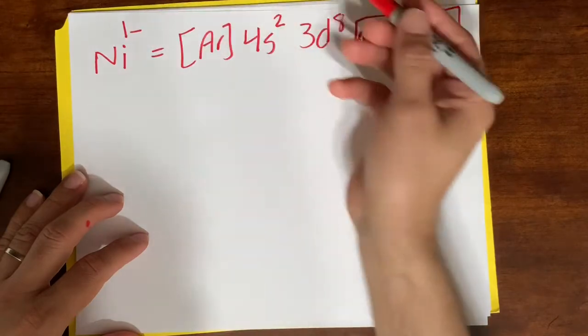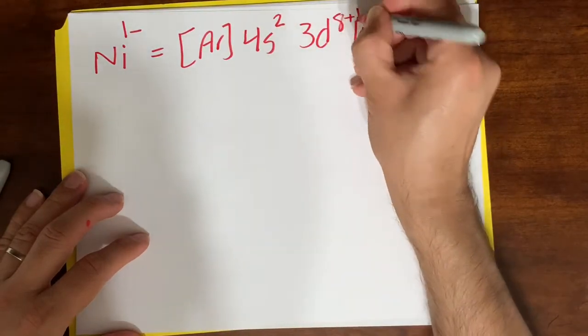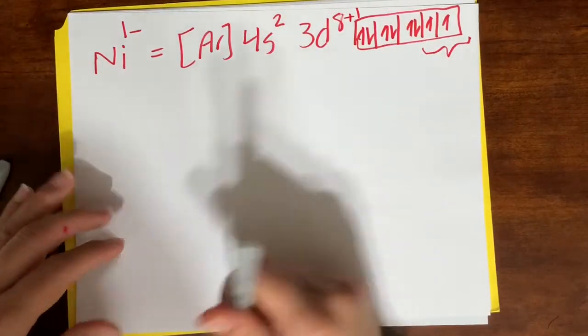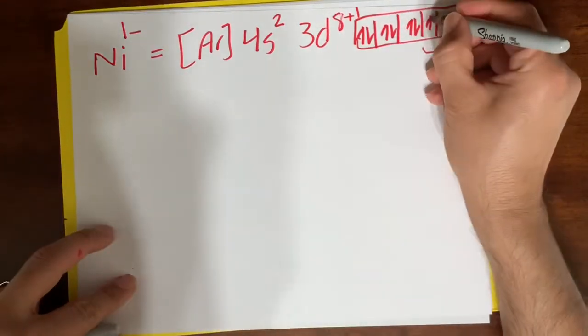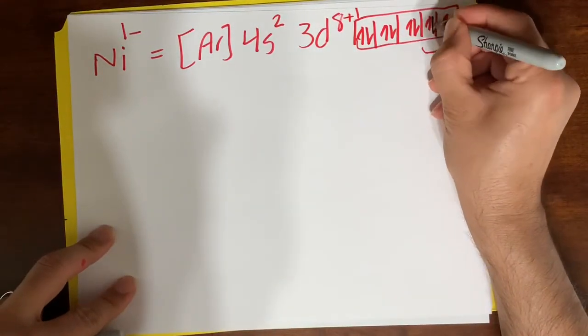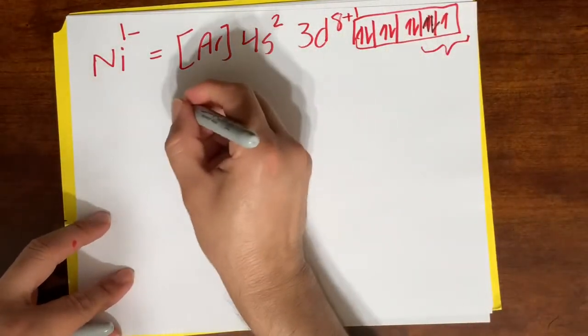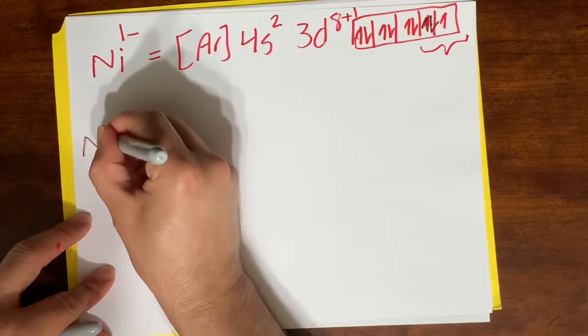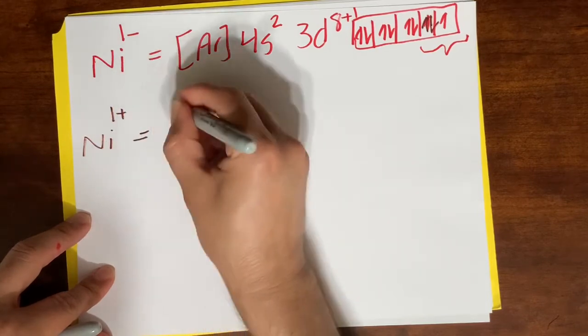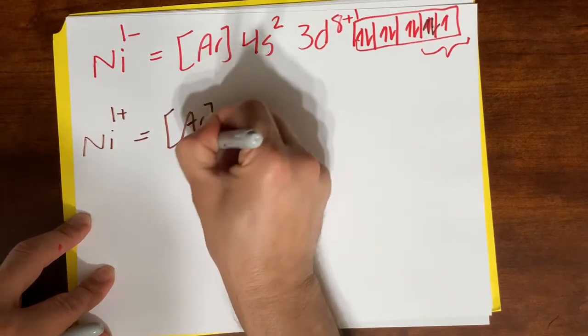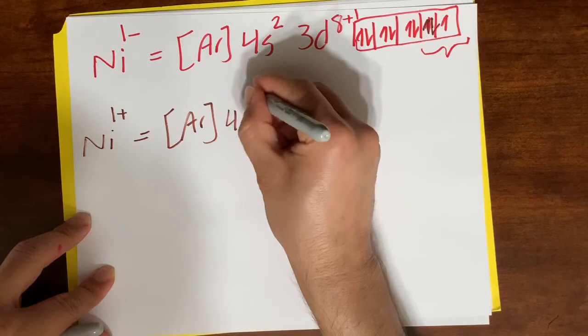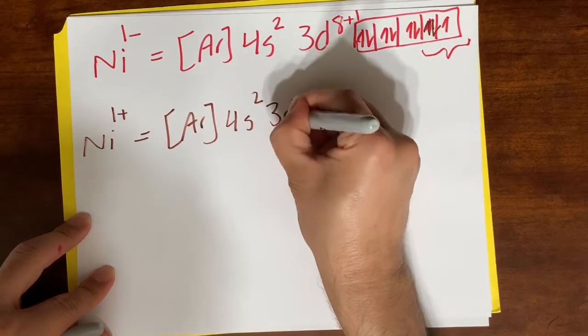This one says minus 1, so I can add one electron to d, and one electron I will put there and pair this orbital, so it will be argon 4s2 3d9.